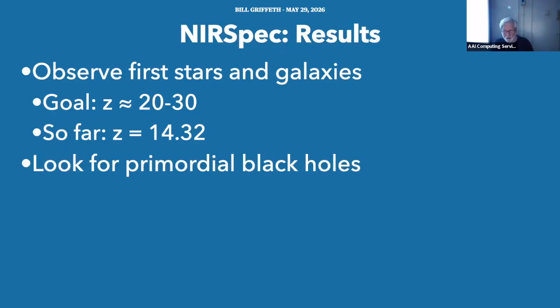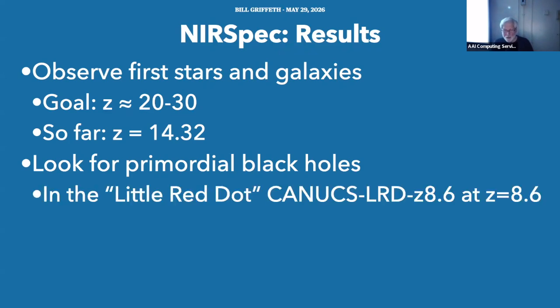The other thing we would talk about was primordial black holes. In the little red dot, Cannock's LRD Z86 is at Z equals 8.6. And there's an active nucleus with a 100 solar mass black hole. The black hole may have formed before the galaxy had a lot of stars.